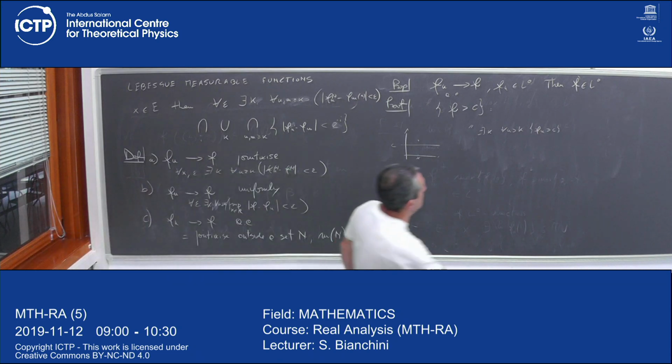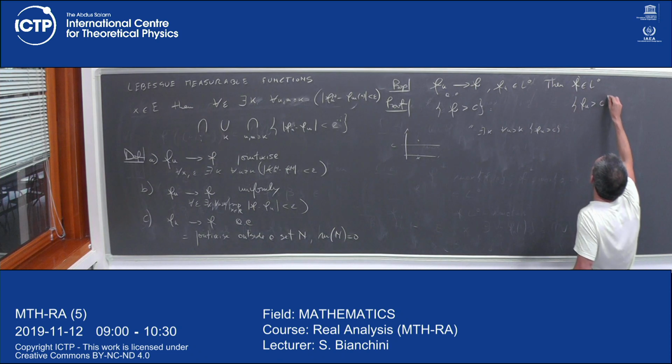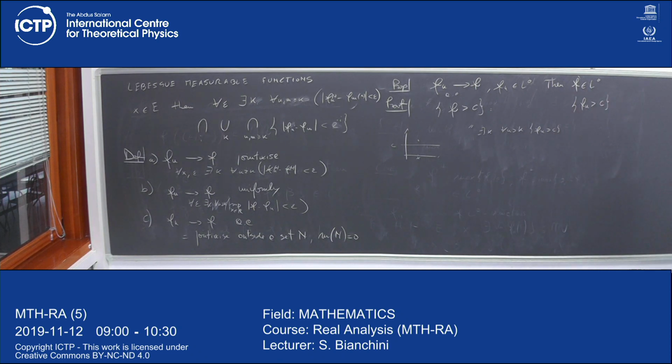Okay, so this set is already okay. Now for all means intersection. There exists means union. There is only one problem.